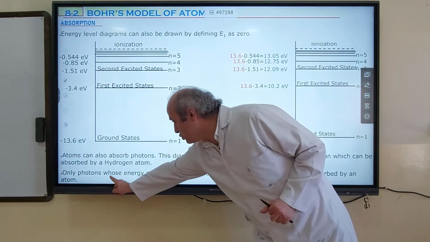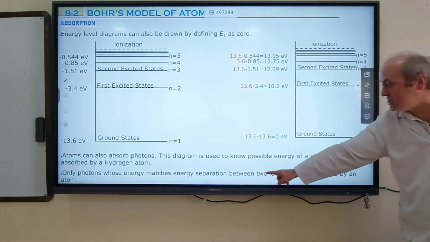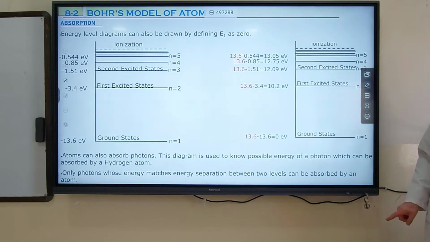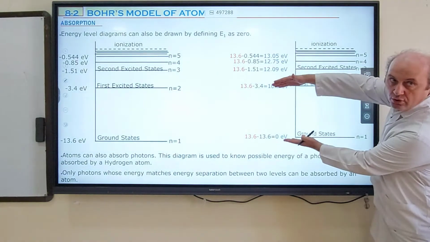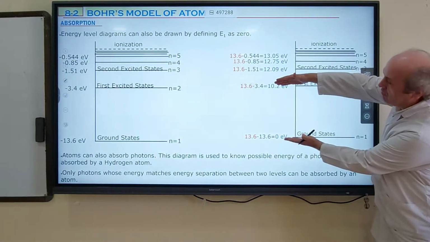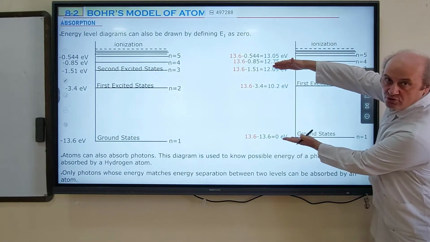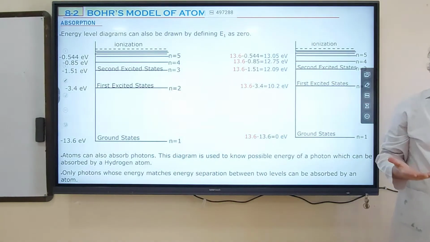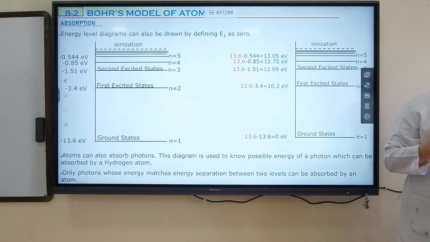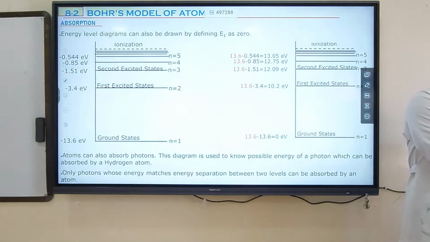So only photons whose energy matches the energy separation between two levels can be absorbed by an atom. Yani, what is the energy separation between these two? 10.2. What is the energy separation between these two? Between these two? Yes. In this case, the photon can give energy to the atom.